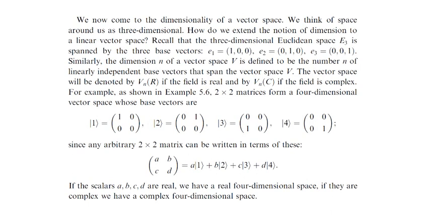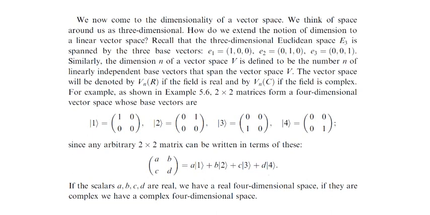So the dimensionality of a vector space is defined by the number of possible linearly independent base vectors in terms of which you can express every other vector in the vector space. I hope it's clear. So any matrix in this M22 space can be expressed as a linear combination of 1, 2, 3 and 4 vectors.